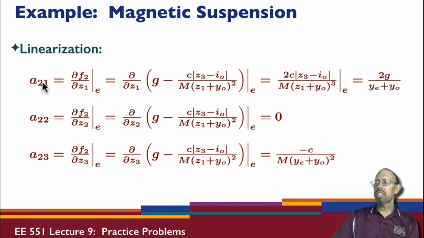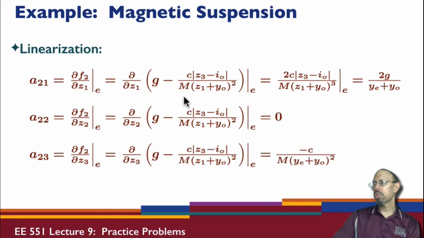Next, we take the partial of the second variable, partial of f2. That's the second row in our equation. So again, with respect to z1, z2, and z3, and evaluate at the equilibrium conditions. So this is the function. I'm going to take the partial of that with respect to z1. Notice z1 does appear in here.